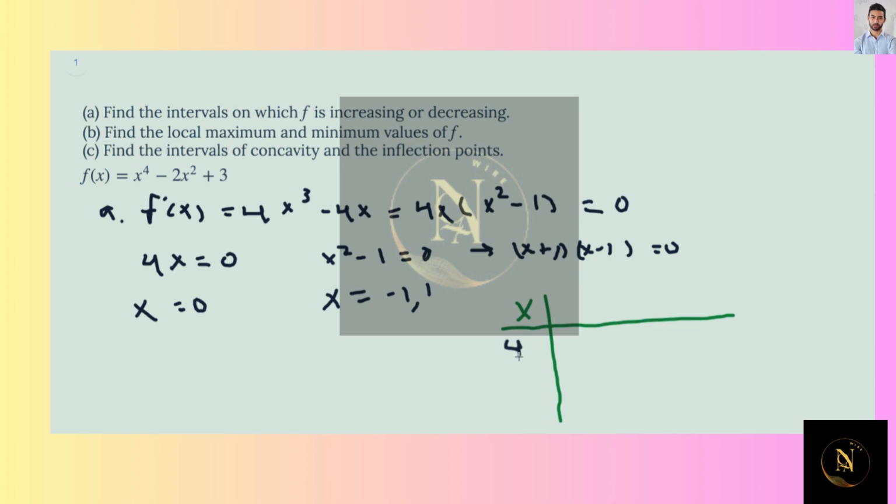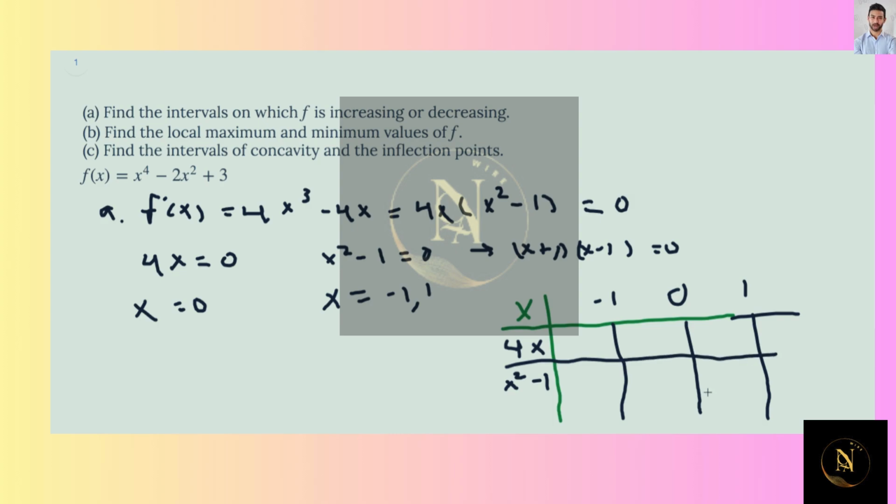So in this case, it'll be 4x and x squared minus 1, since these are both parts of the function that are being multiplied to give us f prime. And then we're going to look at negative 1, 0, and 1.